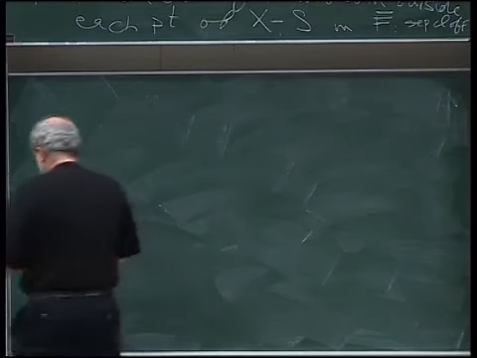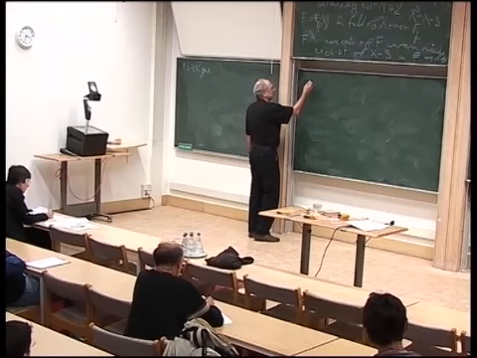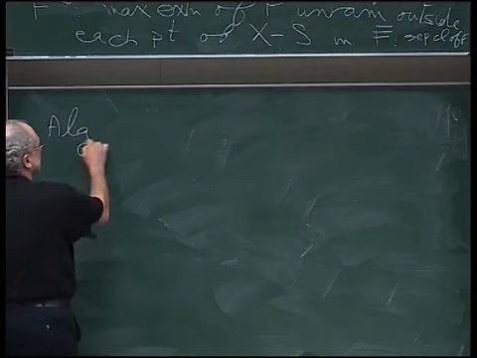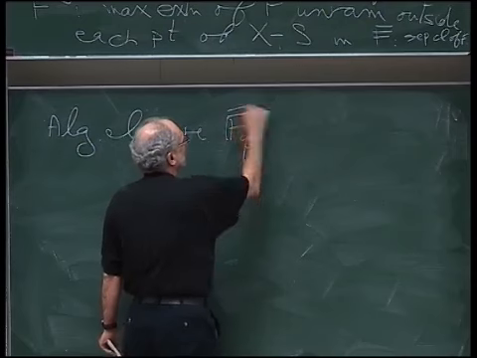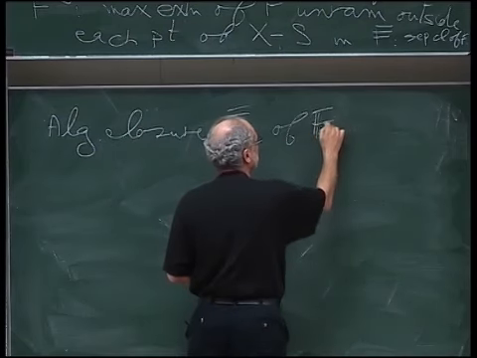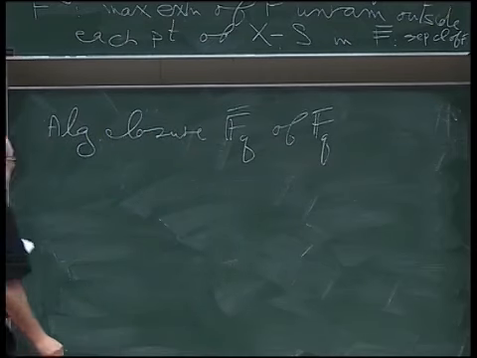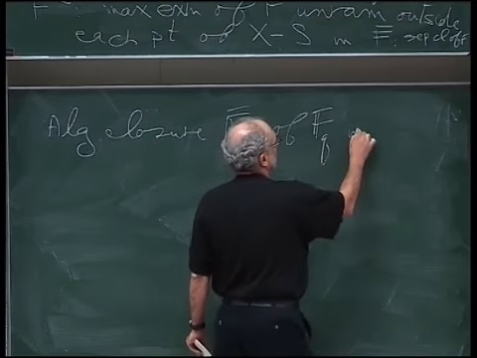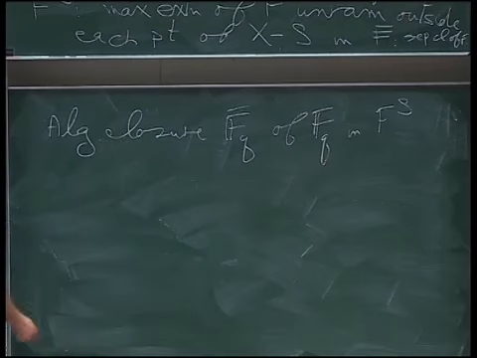Okay, so we have these things, and I'll also fix an algebraic closure, F_q bar, of the finite field F_q, and this will be in the separable closure. And what else do I need here?